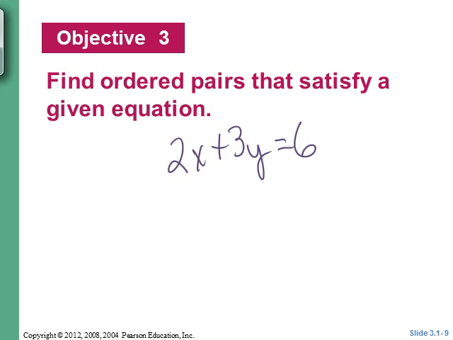We want to find numbers that match those two spots. What they mean is they want the answer to be true when you substitute those in. So, let's look at how we would do an example like that.